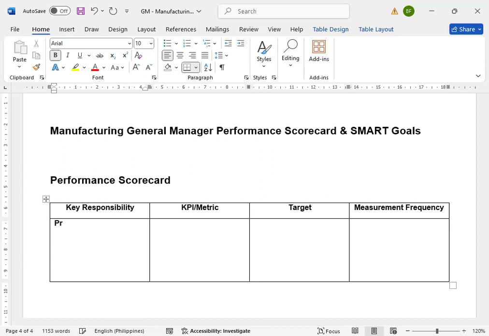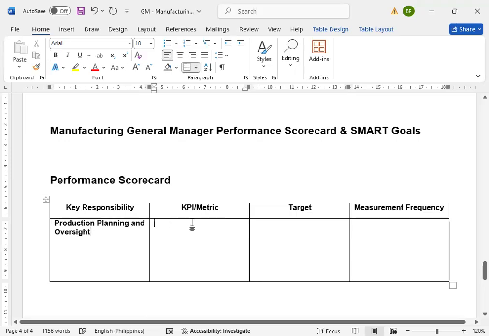One is the production planning and oversight. Okay, so, thumbs up. So what is the KPI slash metric for this key responsibility?